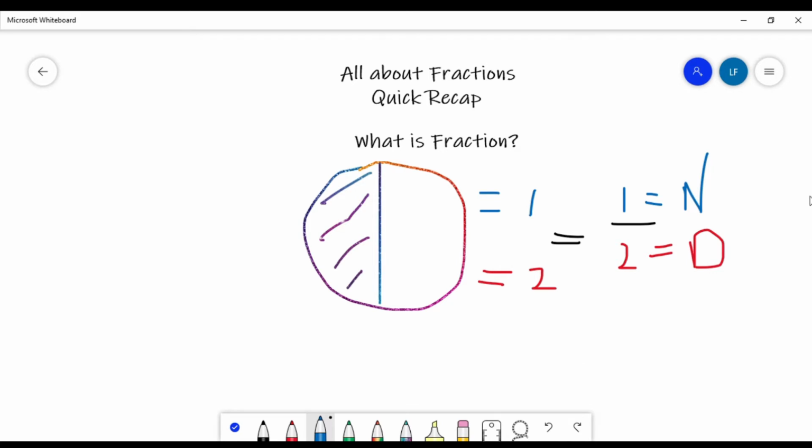The denominator will be the total number of pieces, and the numerator will be the number of pieces eaten or uneaten.